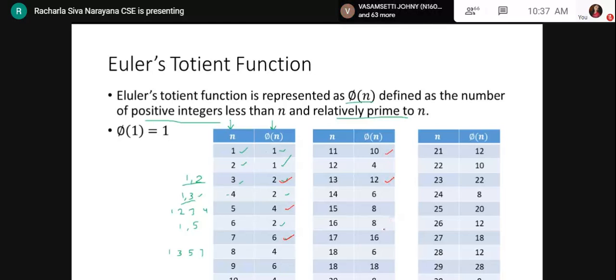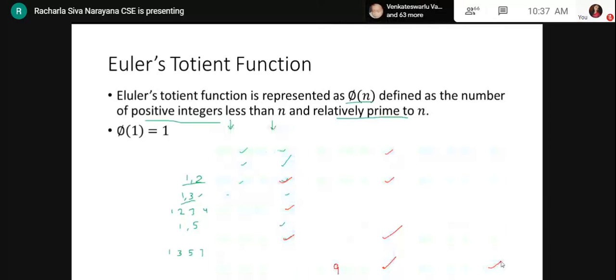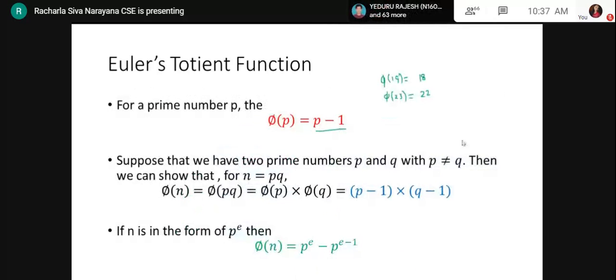For 17, 16 relative prime numbers. For 19, 18 relative prime numbers. For 29, we have 28 relative prime numbers. So if the number is a prime number, then we have p minus 1 relative primes.